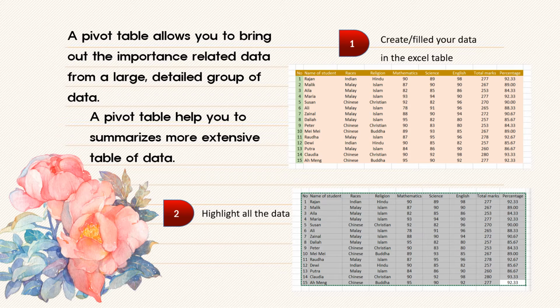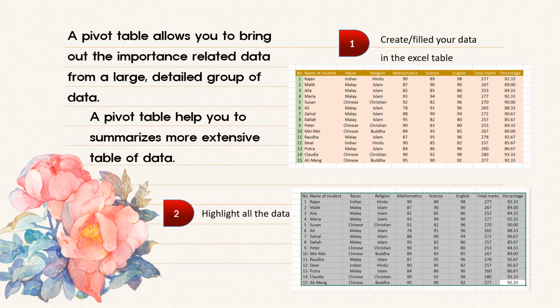You may add to fill up all your data, and you may compile all the data in one sheet, and all the sheets may work together as you organize. And a pivot table helps you to summarize all the data from different sheets, so it summarizes a more extensive table of data.